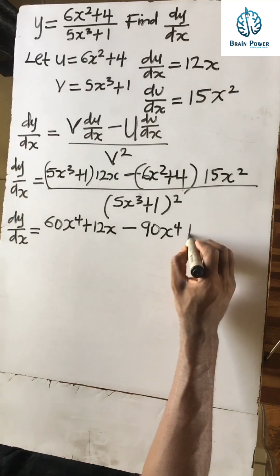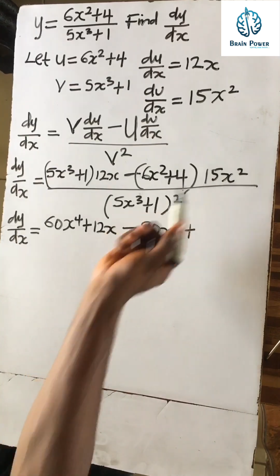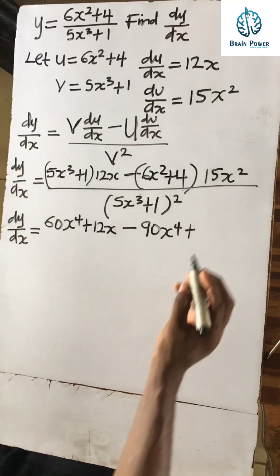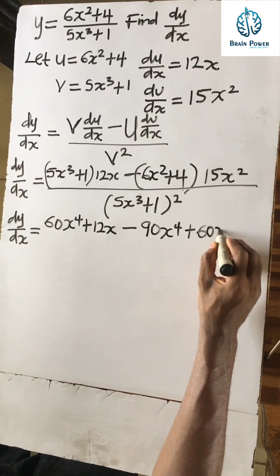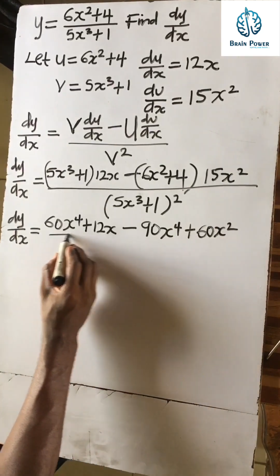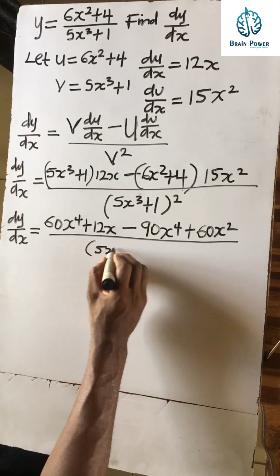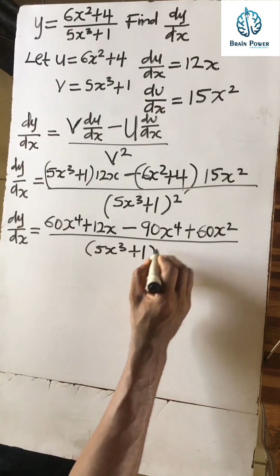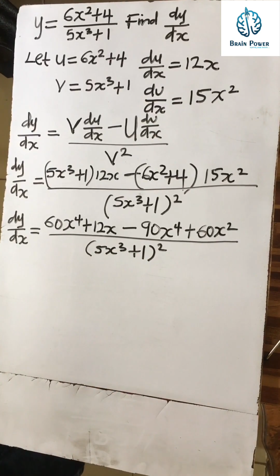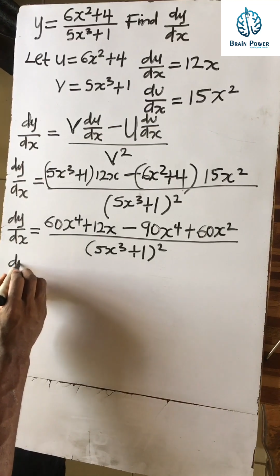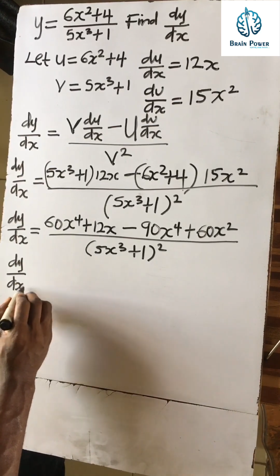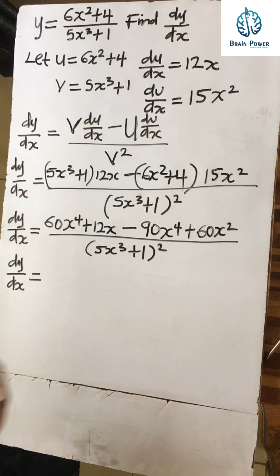Then we have plus 4 multiplied by 15, which is 60x to the power of 2. Then we divide by 5x to the power of 3 plus 1, bracket, to the power of 2. Then we have dy/dx equal to, then we collect the like terms in the numerator.